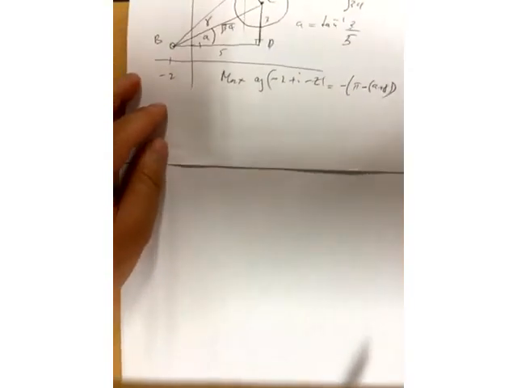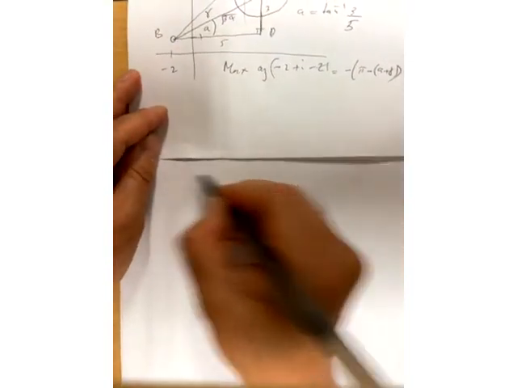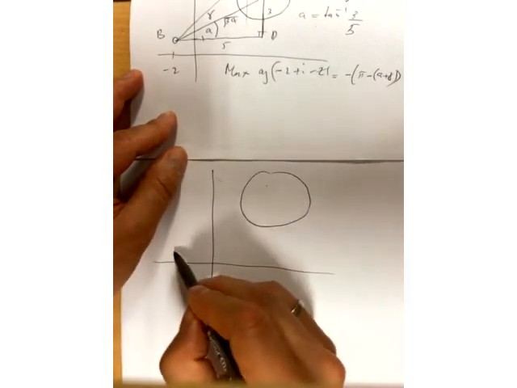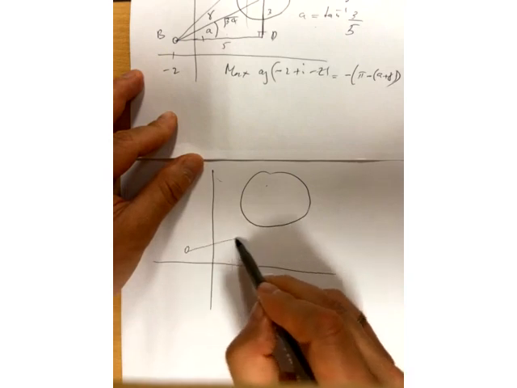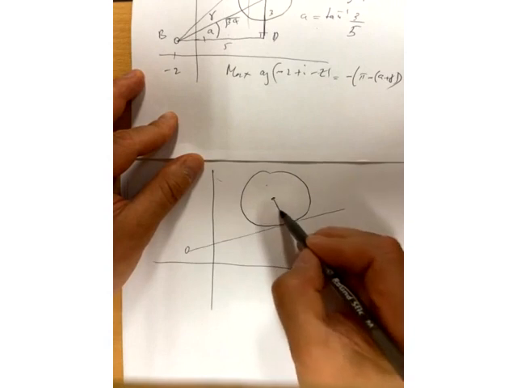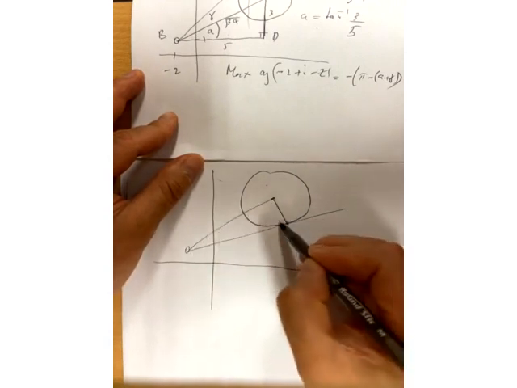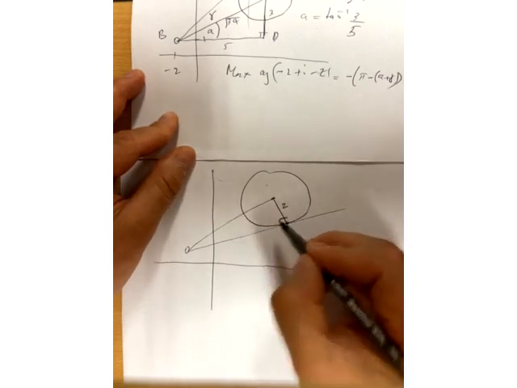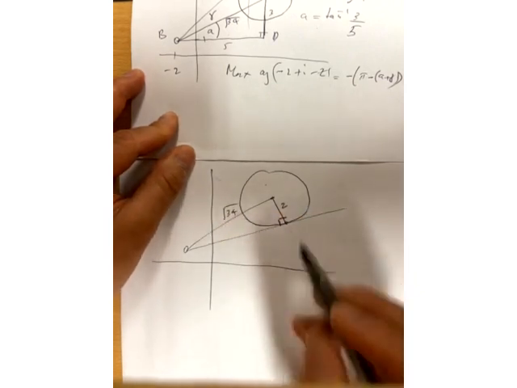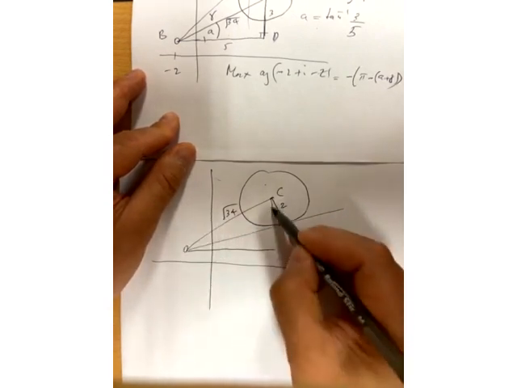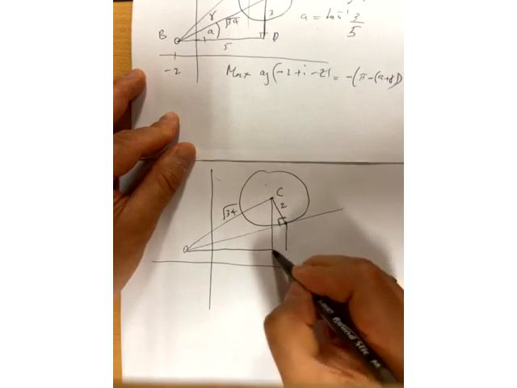Now, the minimum one, let me draw a diagram again. So there's my circle. There's the point B. There's a tangent there. So there's the center. So the radius there is 90 degrees. That's 2. This is root 34. That's C. They're going across, going down. This one here, take it across as well.